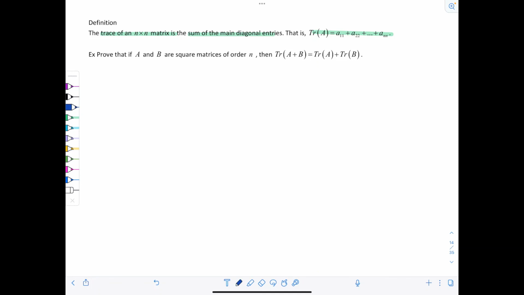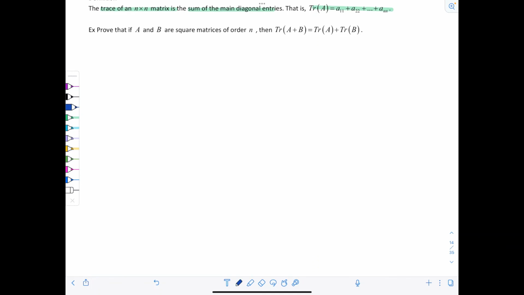All right, so A and B are both square matrices of order n. That means I could write out matrix A in the following form. It would have A11, A21, all the way up to AN1 in that first column. Second column would be A12, A22, all the way up to AN2.